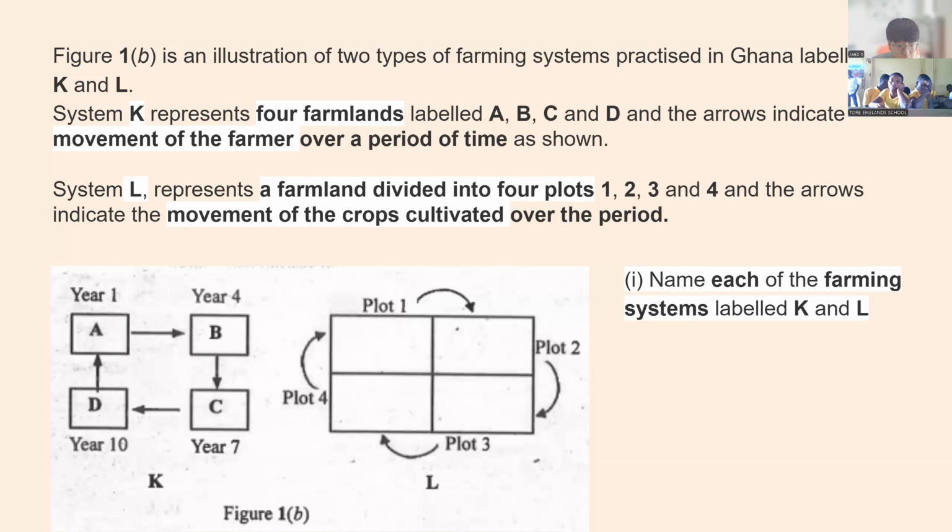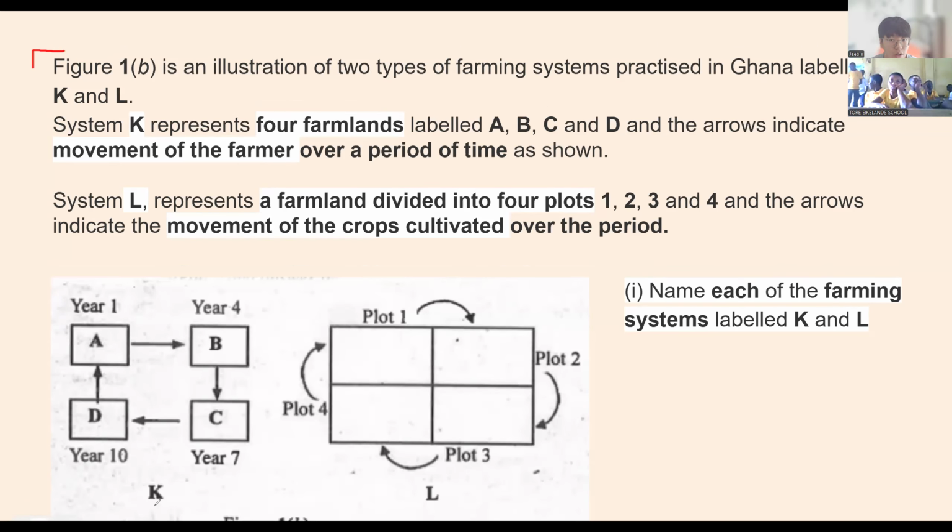Figure 1B is an illustration of two types of farming systems practiced in Ghana, labeled K and L. So this is like a theory question, so it might be a little bit difficult, but let's try this.